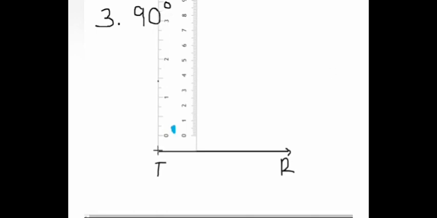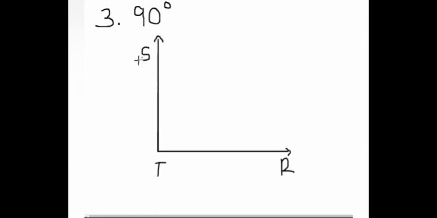Now I'll draw a ray from here in this way. I will again lift my scale aside. Now did I get an angle of 90 degrees? I will draw an arrow here and I'll name it S. So this is my angle of 90 degrees.